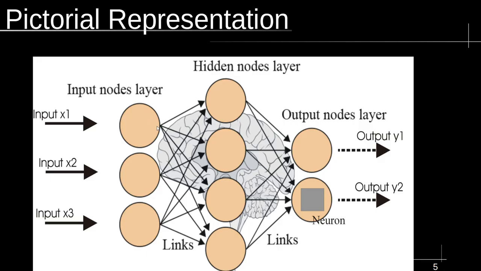As you can see, arrows are only going forward, so this term is known as forward propagation. If the output comes back as input to the same network, then we call it back propagation. These terms you must keep in mind.